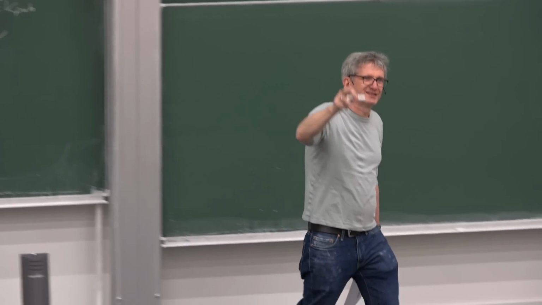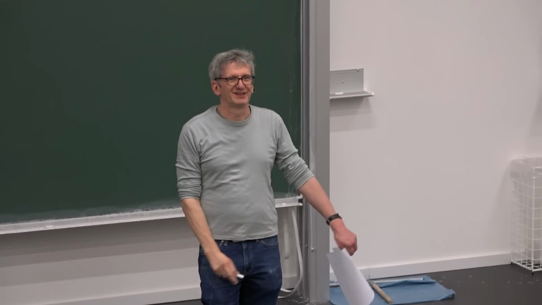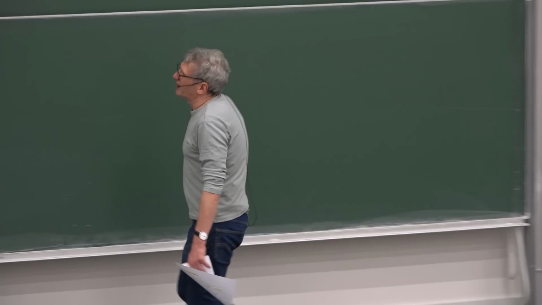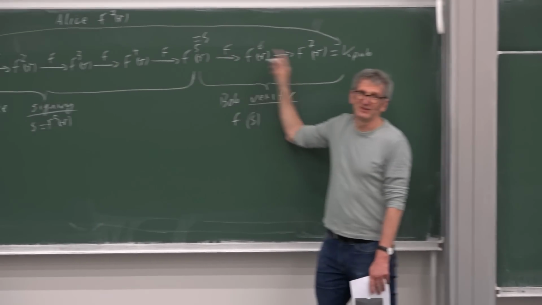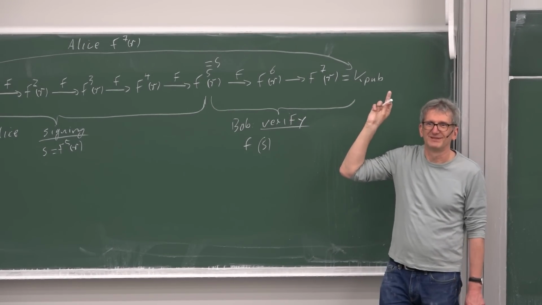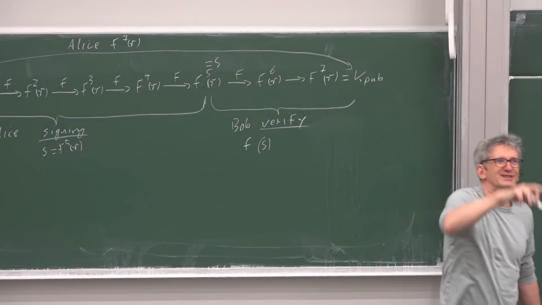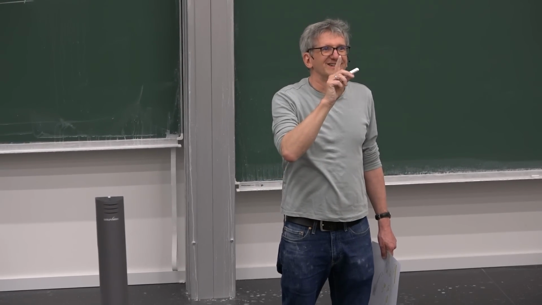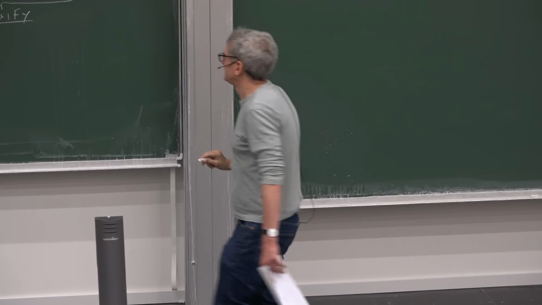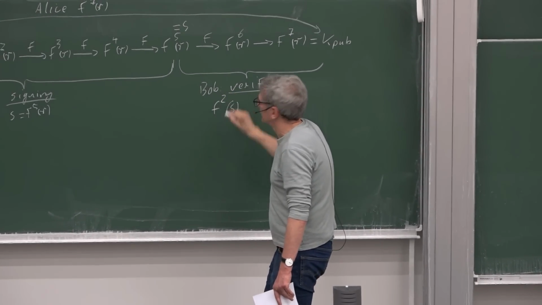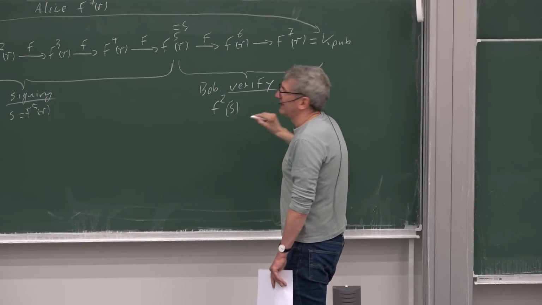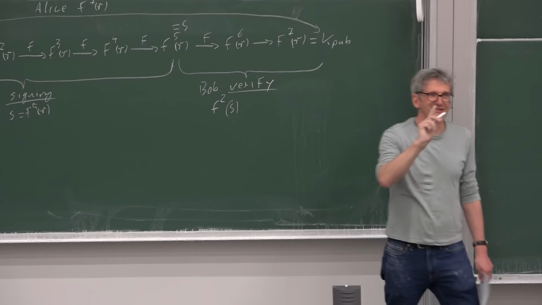Whoever gets this right gets 1 bonus point on the final exam. What does he have to do to get from here to here? Yeah, last row. Twice. Okay. And then he gets that, and this is 1 bonus point.